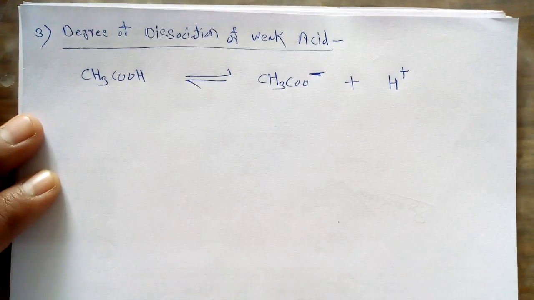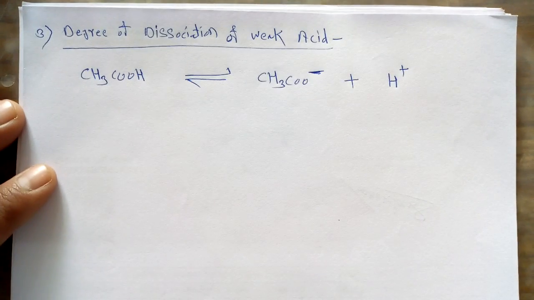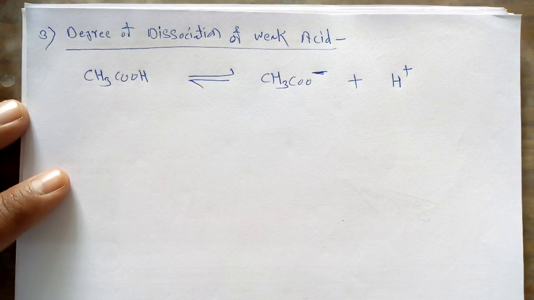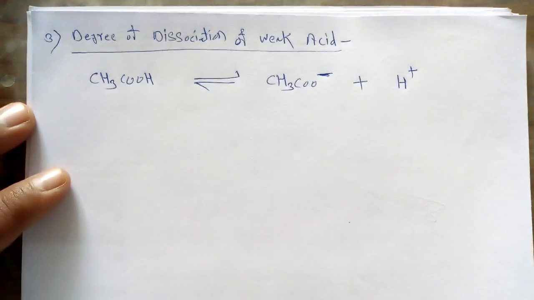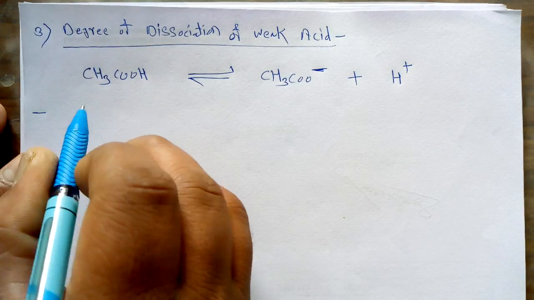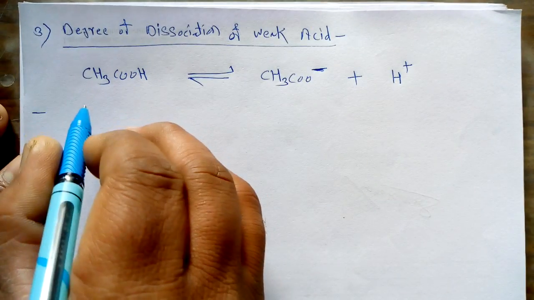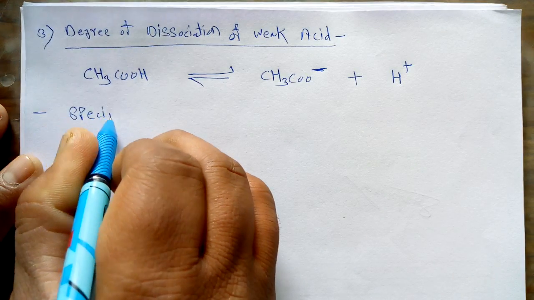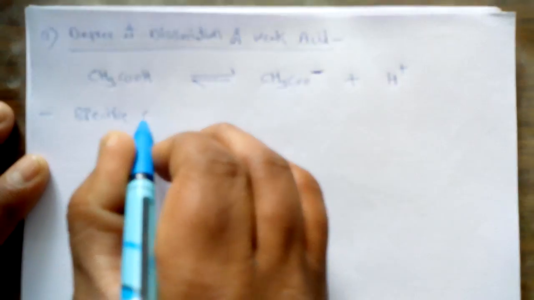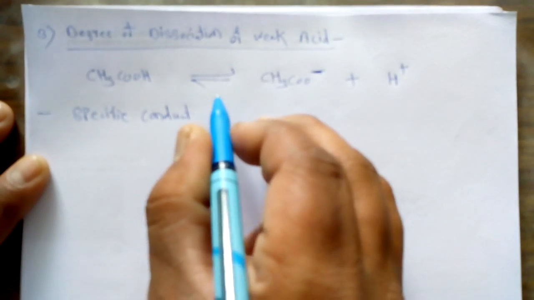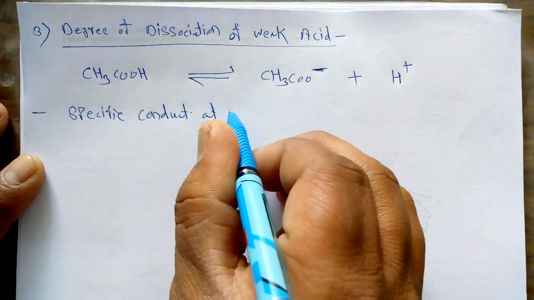So it gets ionized into its acetate anion and a proton. Now from this we have to first determine the specific conductance at 25 degree centigrade.